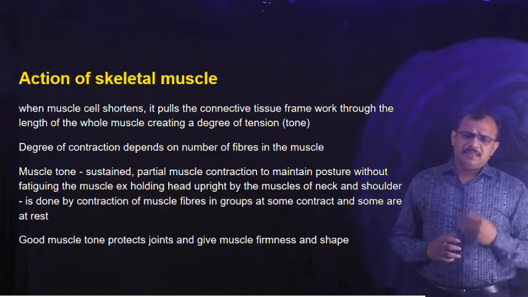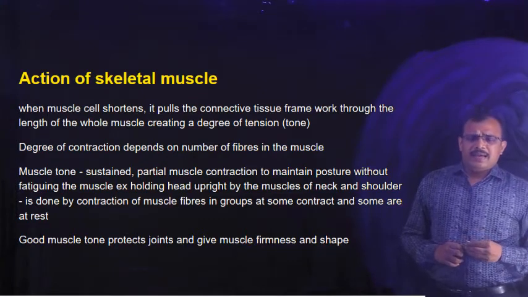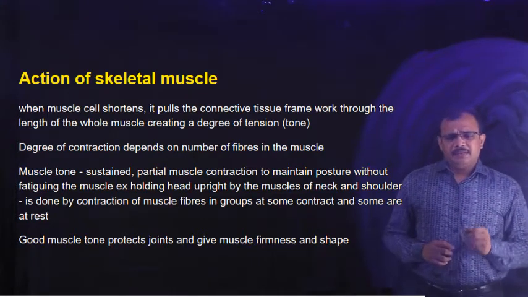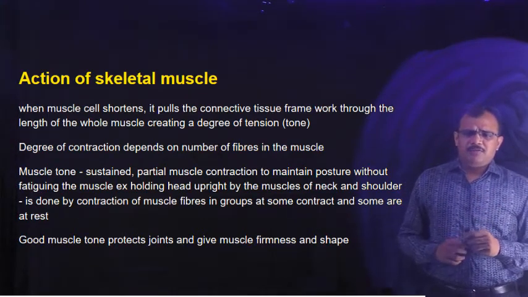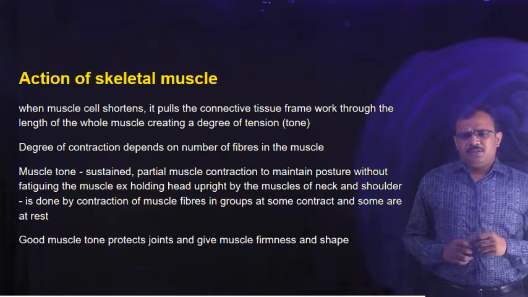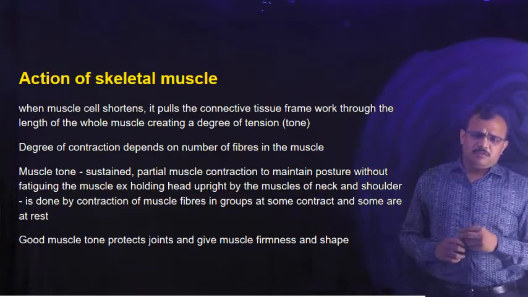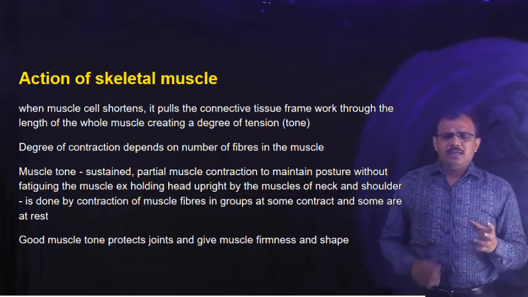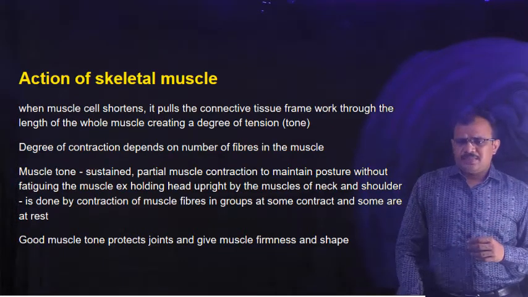We can explain the tone of a muscle as sustained and partial contraction of muscle fibers to maintain the posture without the influence of any additional factors. It is called muscle tone.